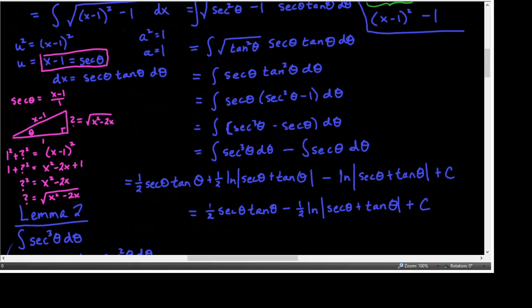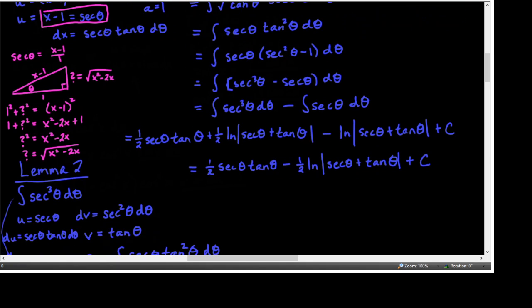All right, so doing substitutions. Of course, secant of theta, we knew that from the outset. That was x minus 1. So I didn't need to draw the triangle for this part of it. The secant of theta is x minus 1. That's the original substitution we did. Tangent is opposite over adjacent, and that radical over 1 is going to be that radical.